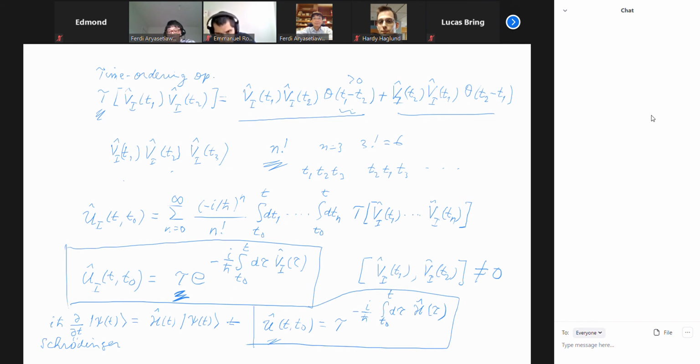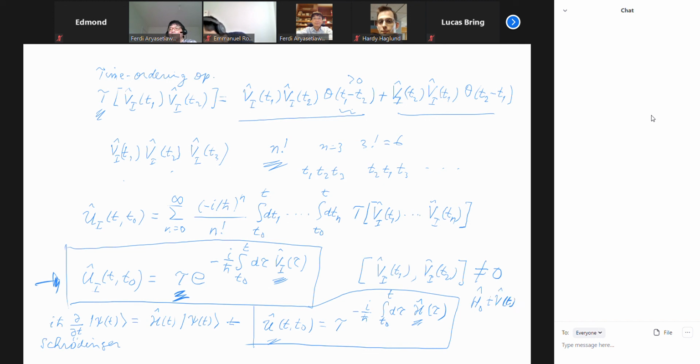You can see that if you compare these two, although they are equivalent at least, this one is much more useful for making a perturbation expansion because you only have the VI in the exponential. But here, H contains H0 plus VT.